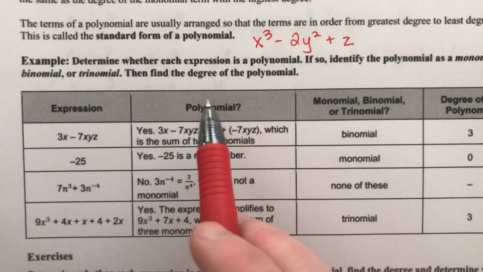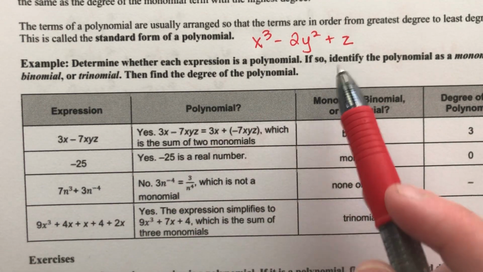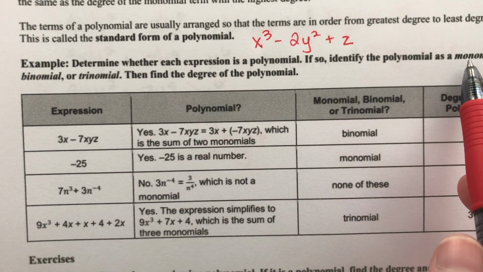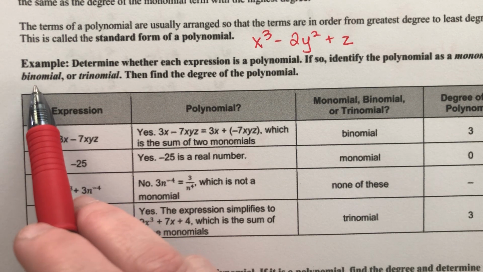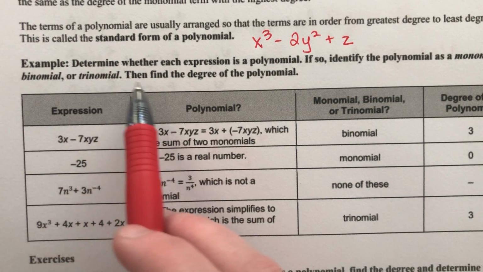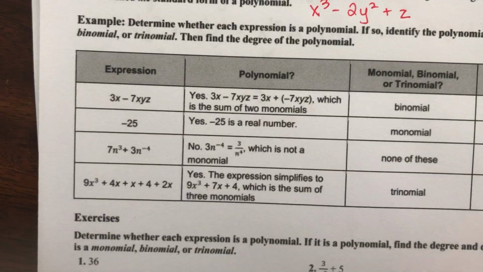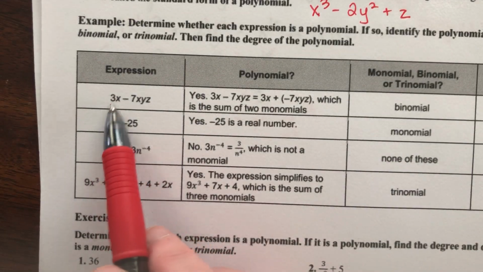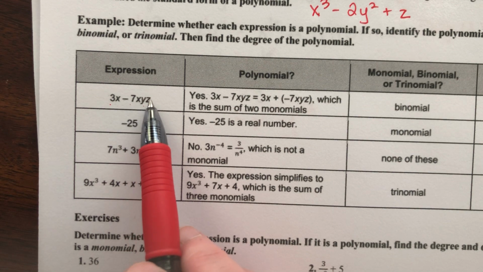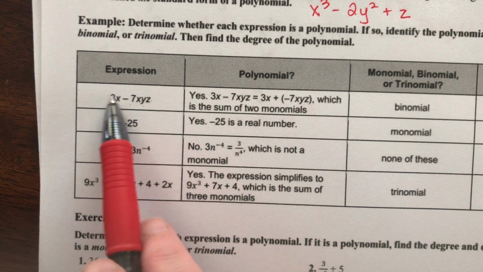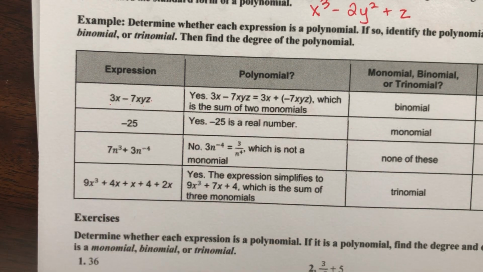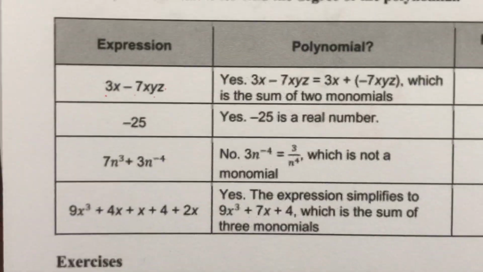All right, determine whether each expression is a polynomial, and if so, identify it as a monomial, a binomial, or a trinomial, and then find the degree of the polynomial. So for this first one here, 3x minus 7xyz. Okay, well, there are 2 terms here. They're separated by this minus sign. Let me zoom in a little bit.